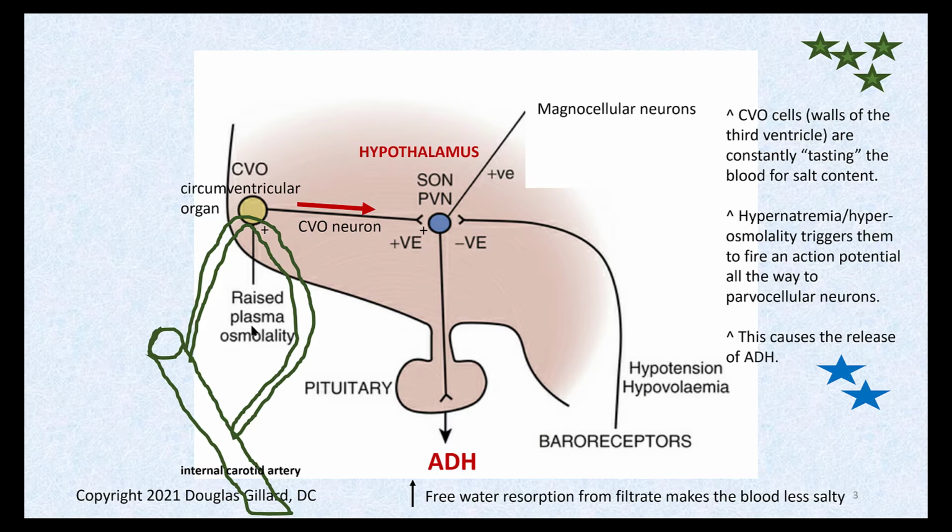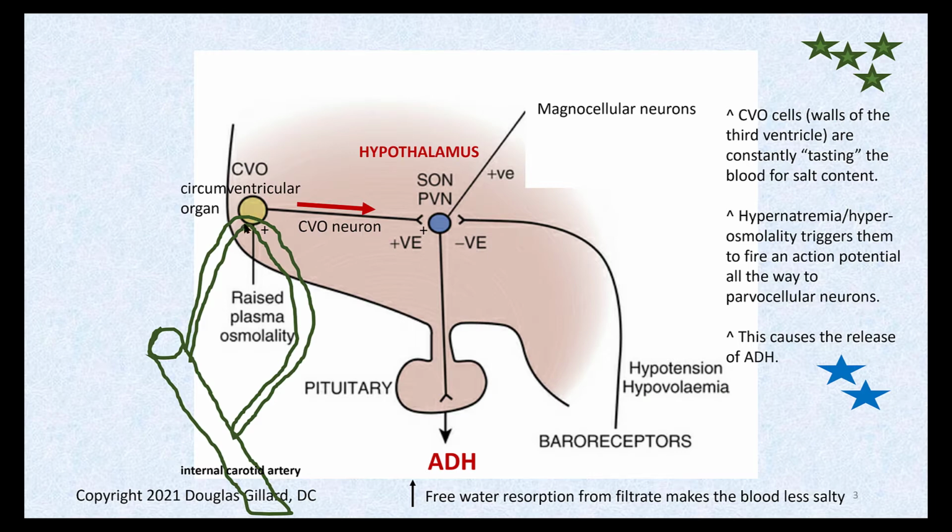And here again is that circumventricular organ, or the CVO, which is in the third ventricle, roughly in the wall of the third ventricle. And it does have some connection with arterioles and capillaries that it samples for sodium content, very much like the macula densa cells.